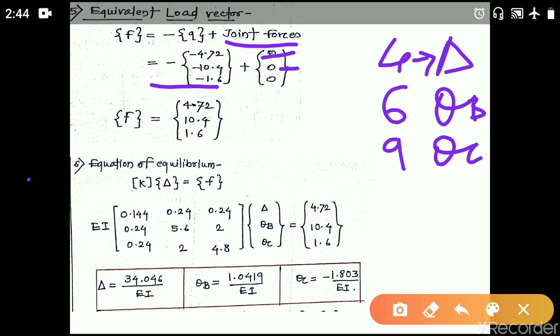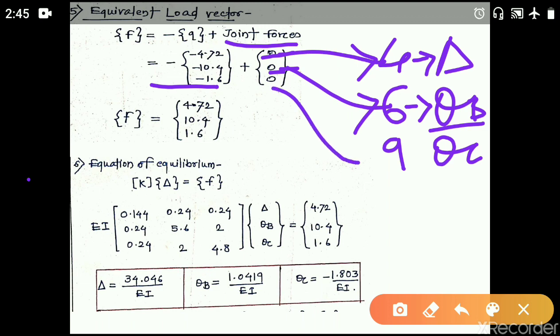The second element corresponds to number 6, theta B. The action corresponding to theta B is the moment at B in the original figure. If there is any moment given, write it here, or else 0. And last is related to 9, theta C. The corresponding action is the moment at C. See in the original figure, is there any moment given in the original structure? If no, write down 0.